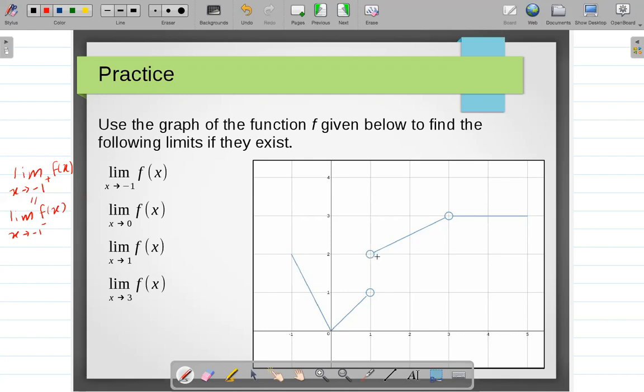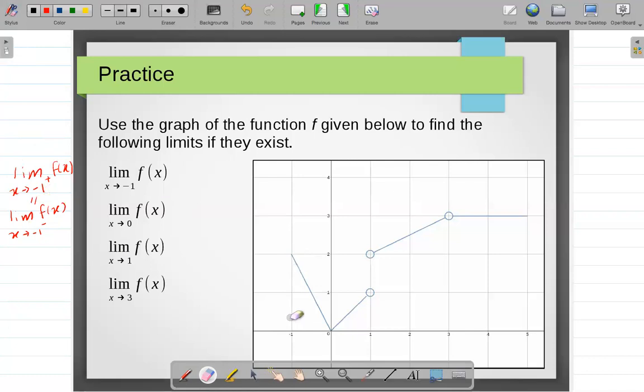If both have the same value and both of these exist, then we can say this exists. But the thing is, when we say from the right, limit of x approaches -1, sorry, no, let's back up. With -1, this graph ends right here, right?